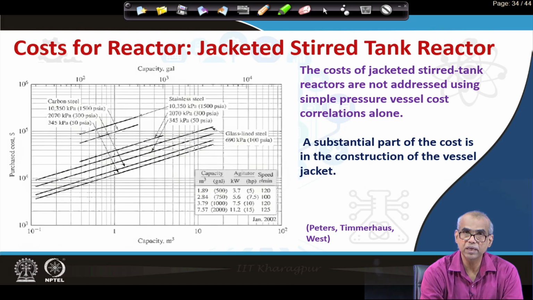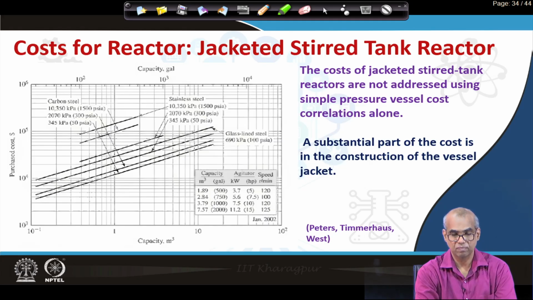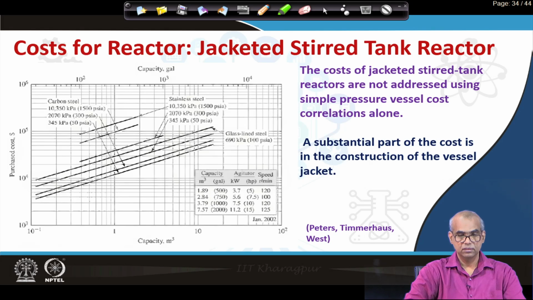So, such graphical correlations can be used to find out the purchase cost given a particular capacity, operating conditions and materials of construction. Note that both for carbon steel and stainless steel, the data are given for various pressures: 50 psia, 300 psia and 1500 psia.